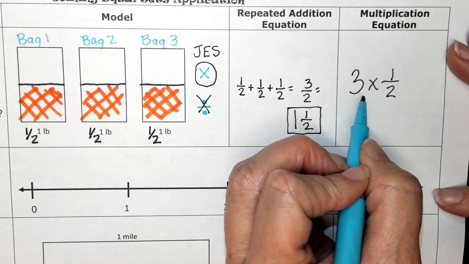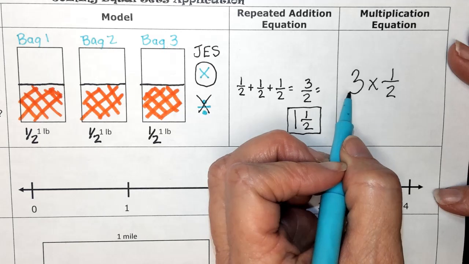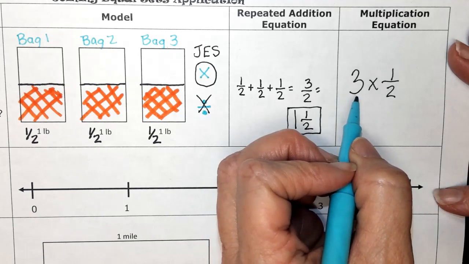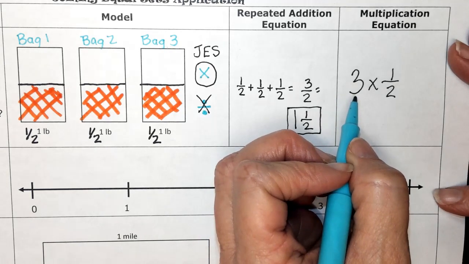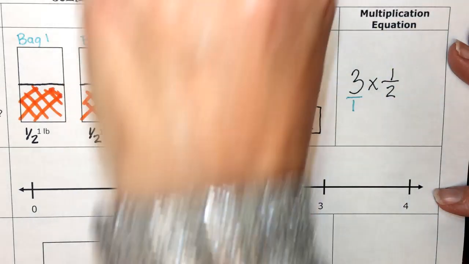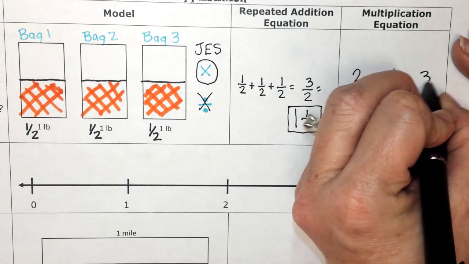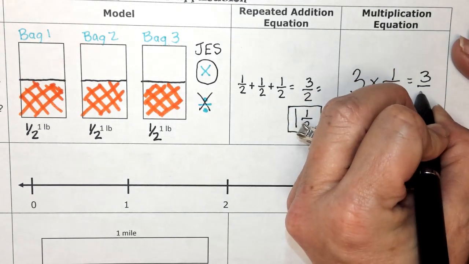We want to be able to multiply numerator times numerator and denominator times denominator, but we don't want to change the value of the 3. So we're going to put the number 1 underneath, and we're going to multiply 3 times 1, which is 3, and 1 times 2, which is 2.